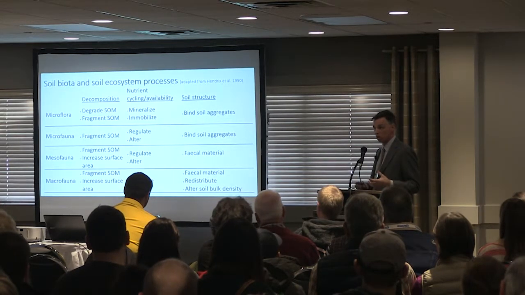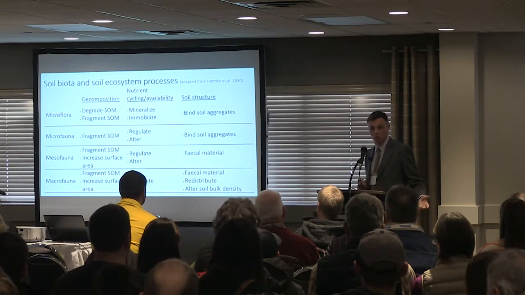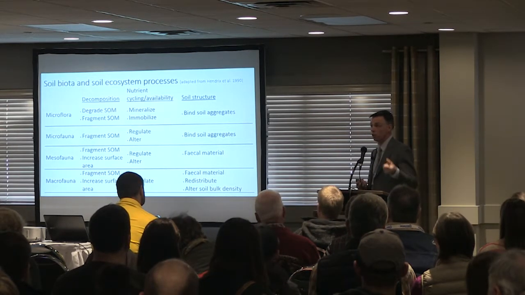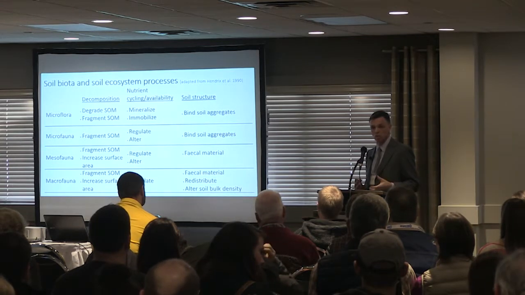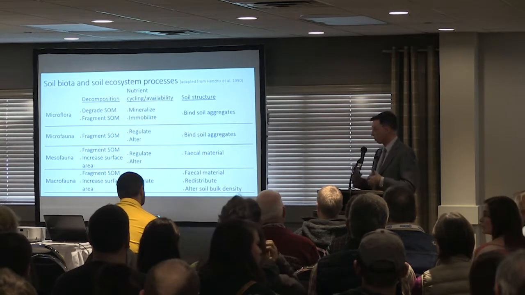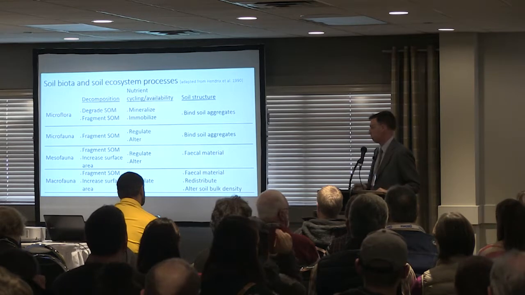Again, soil structure, building that up. They're also redistributing a lot of material as well. Earthworms, as they move deeper into the soil profile, will bring up mineral soil to the surface. As part of that process, they'll bring organic matter deeper down into the soil profile, making those nutrients available to the microbes and the bacteria that are deeper in the soil profile. So you've got that mixing in there that's actually helping to develop soil tilth.